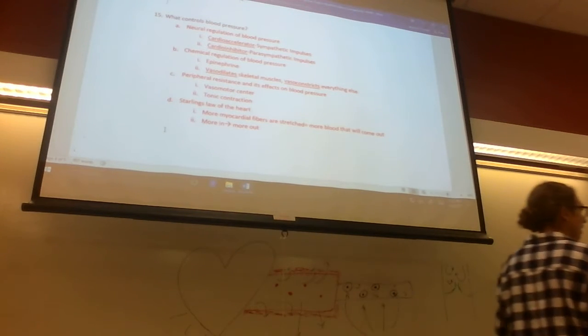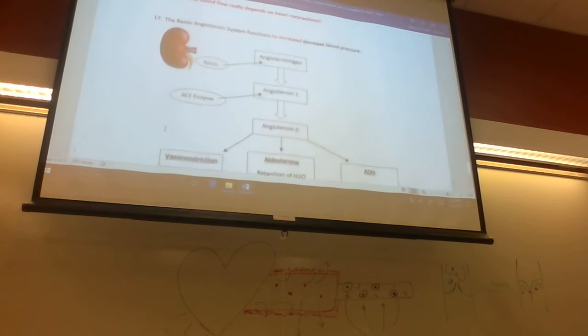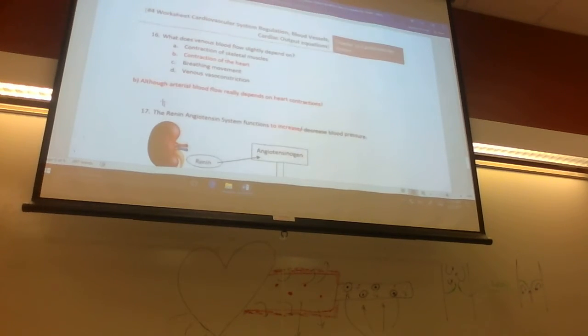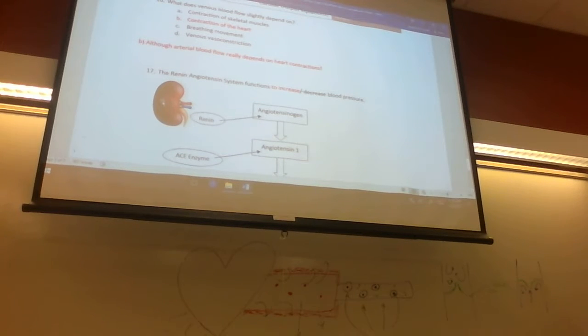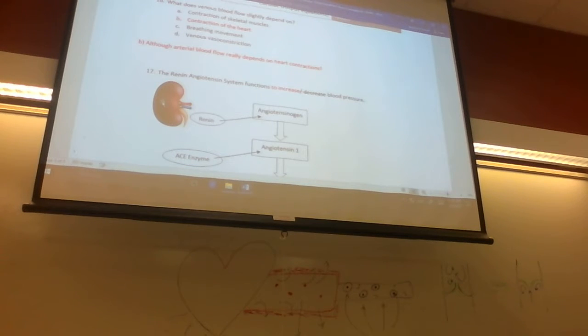All right. Next one. You get a diagram next. Ooh, lucky you guys. Anyway, so what does venous blood flow slightly depend on? Your venous blood flow really depends on your skeletal muscle contractions, because the more we contract, the more exercise we get, the more we're able to squeeze our veins and push all that venous blood out.